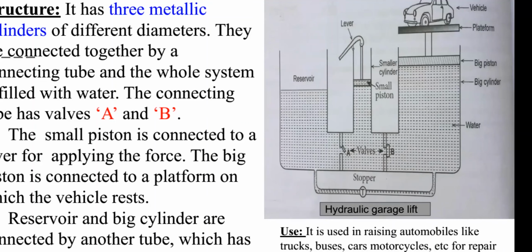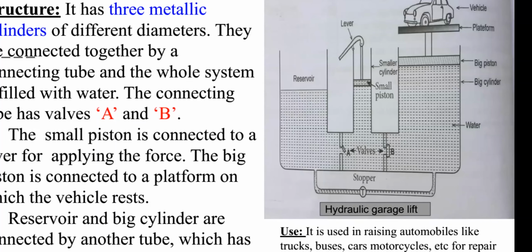Talking about the structure of this machine, this device has three metallic cylinders of different size. That means they are different in diameter. You can see these three metallic cylinders.